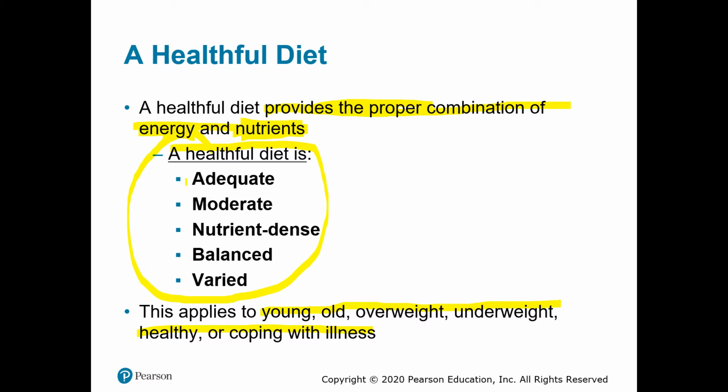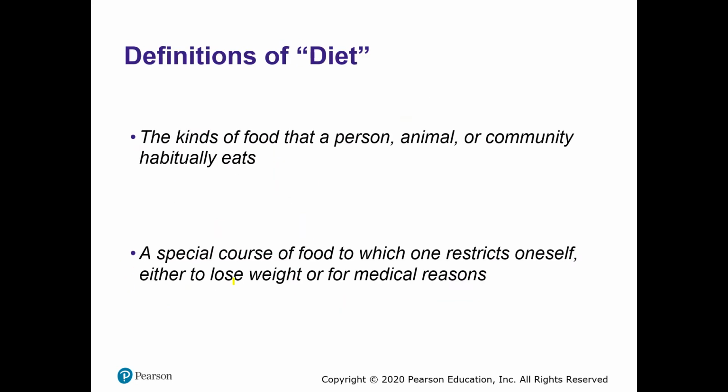So a healthy diet is one that is adequate, moderate, nutrient dense, balanced, and varied. We'll go through each of these in a little more detail in case any of them are confusing or don't speak for themselves.